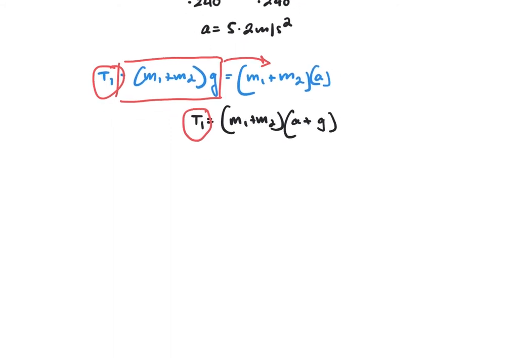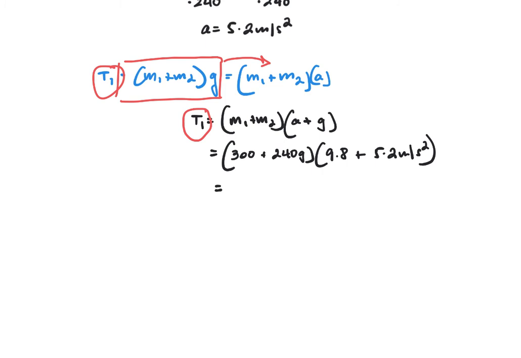So we have 300 plus 240. Remember, this is in grams, so at the end, you're going to have to convert, times 9.8 plus 5.2 meters per second squared.